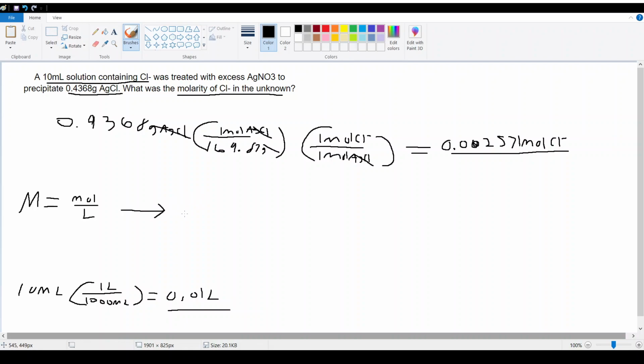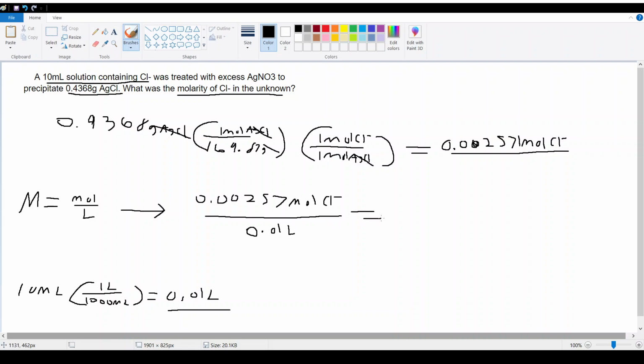So now that we have moles of Cl and liters, we can finally find our concentration of Cl in our unknown sample. So now we're going to do 0.002571 moles of Cl minus over 0.01 liters.